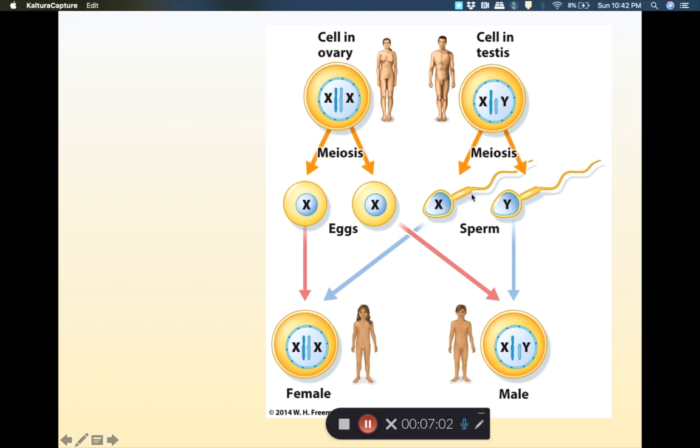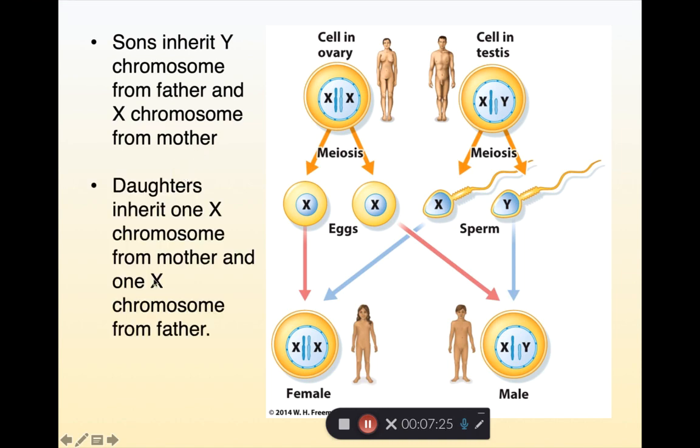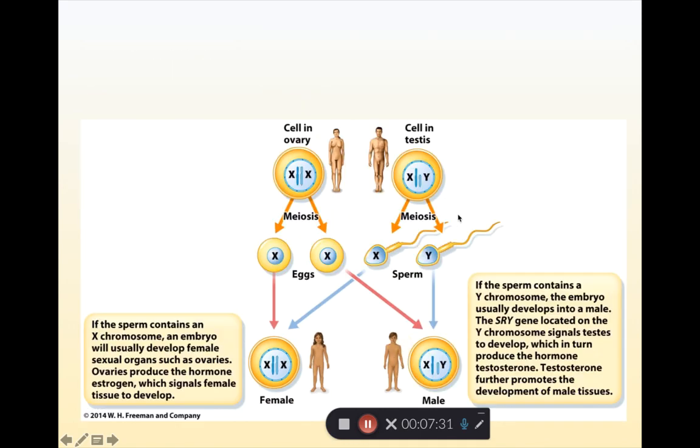So in this case, we have sperm and we have eggs, and we see that males always carry the Y chromosome and inherit one X chromosome from their mother. So quote-unquote sons inherit the Y chromosome from the quote-unquote father and the X chromosome from the quote-unquote mother. And then daughters inherit one X chromosome from mother and one X chromosome from father.